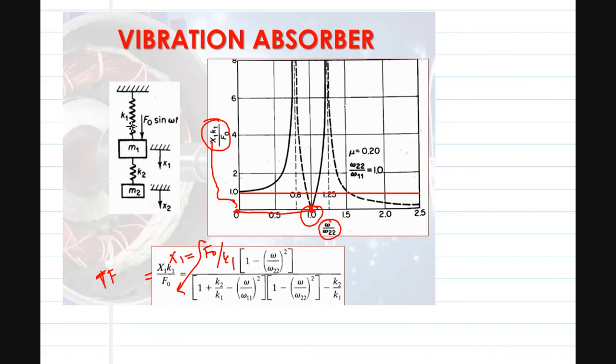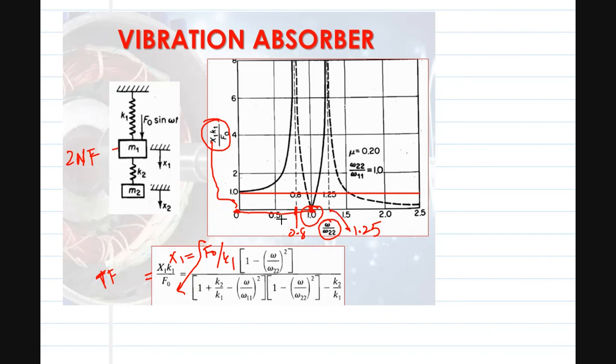But because it now becomes a 2 degree of freedom system, it has two natural frequencies. One is below, about 0.8, and the second is about 1.25. So you can't say its natural frequencies are gone now, because it's a 2 degree of freedom system, it has two natural frequencies.